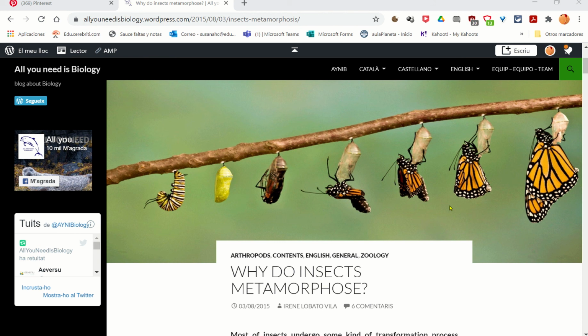This picture shows you the stages of metamorphosis. This is the caterpillar. This is not a worm because it has legs. This is the pupa, and it turns into the butterfly.